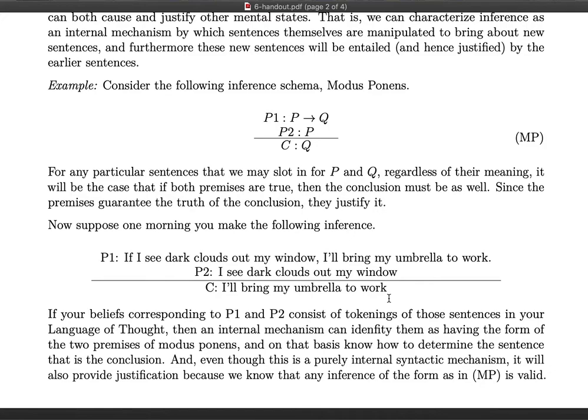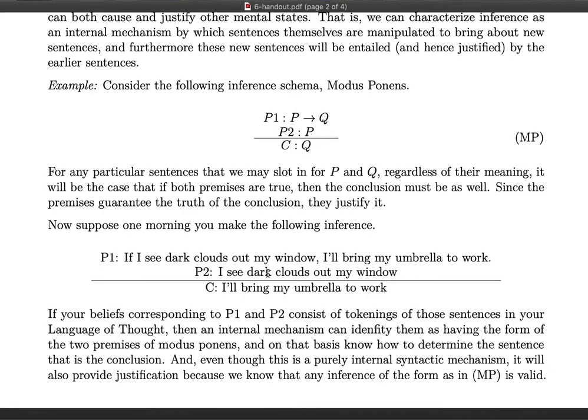And just to be clear, the idea of an internal syntactic mechanism is important because the idea goes, the only way that one belief can cause another belief is in virtue of an internal mechanism inside of your own mind. And if this internal mechanism is able to look at the form of these sentences, which are also tokened inside your own mind, then we can make sense of how there can be an internal mechanism that is causing one belief from the other.